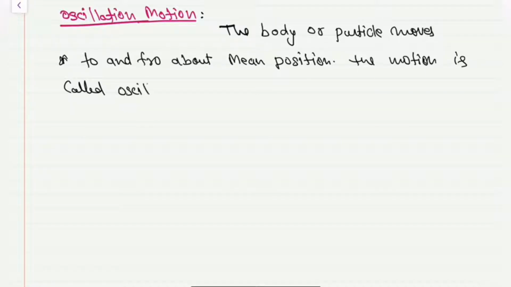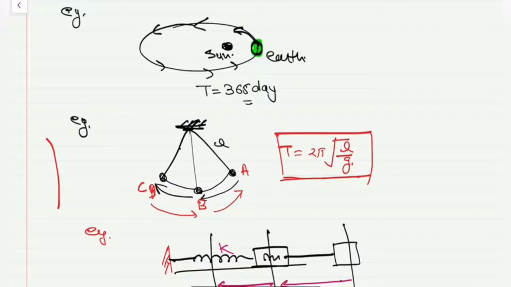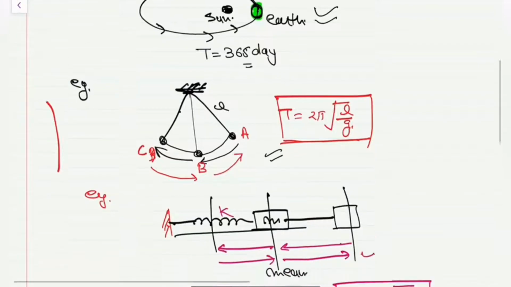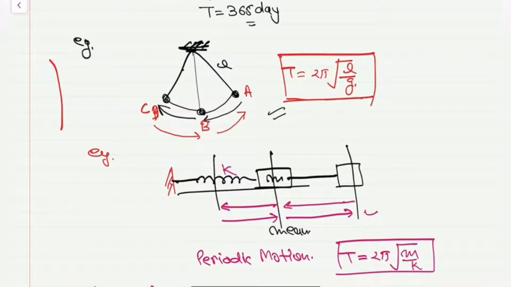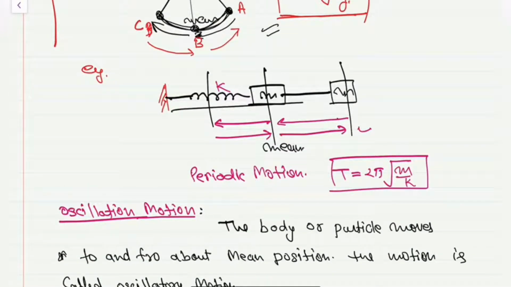In the previous examples, that was only periodic motion, but in this case it is oscillatory motion, because the simple pendulum moves to and fro about the mean position. Similarly, in the spring mass system, this is the mean position and it moves to and fro about it.